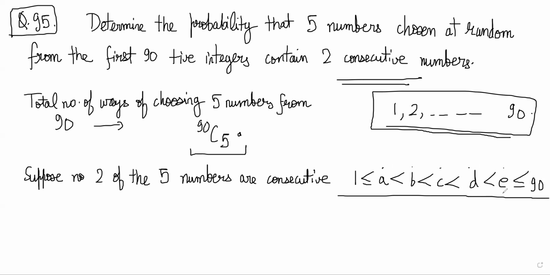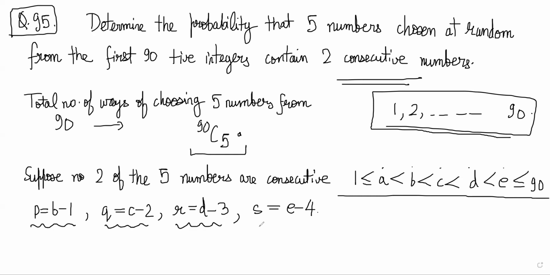What we will do is define new variables P, Q, R, S. So we will say P is B minus 1, Q is C minus 2, R is D minus 3, S is E minus 4.